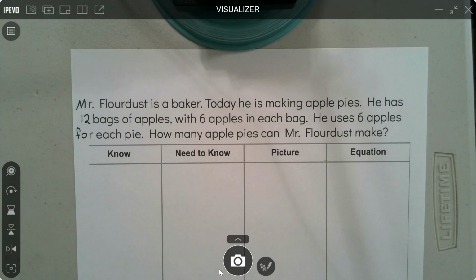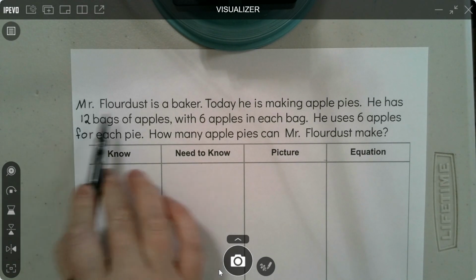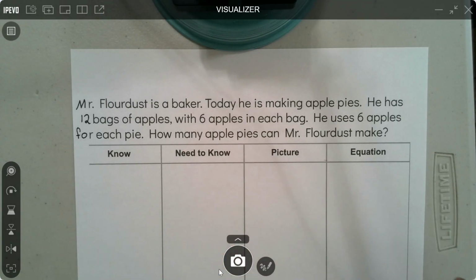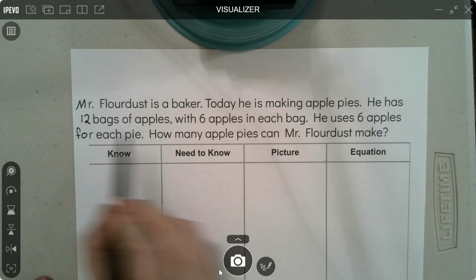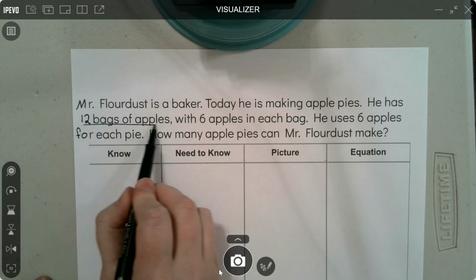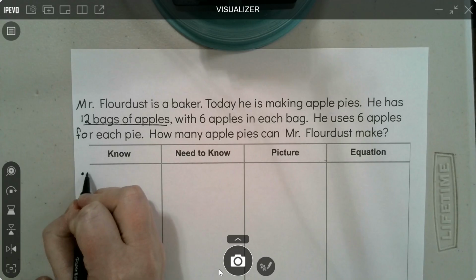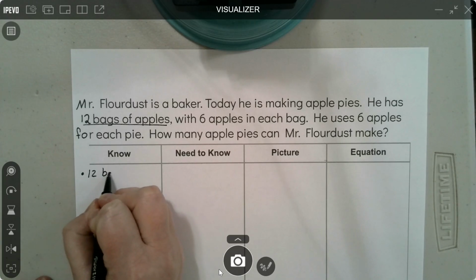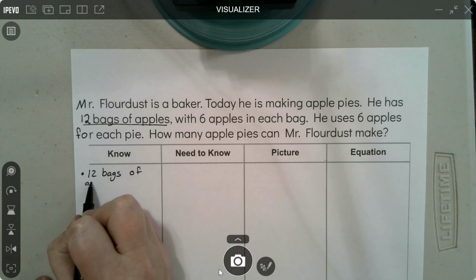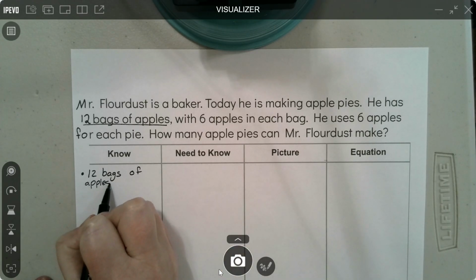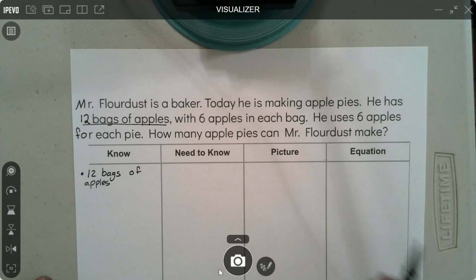All right, so let's look at this word problem. We have this baker, Mr. Flour Dust, and he's making apple pies. Now, it says that he has 12 bags of apples. Do we know anything else about those bags?